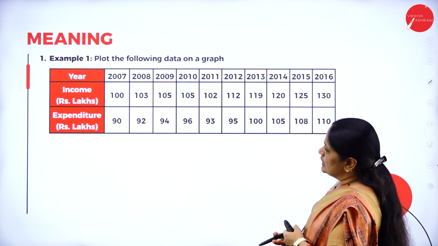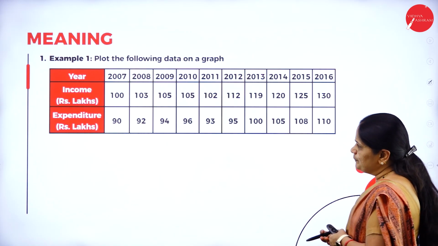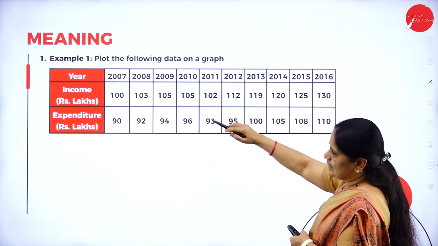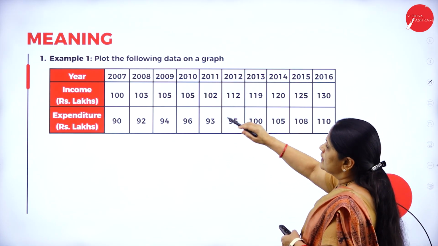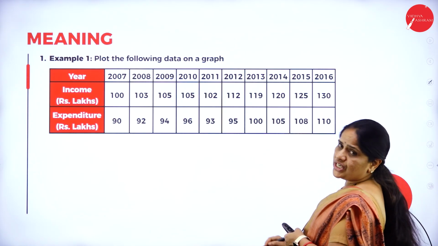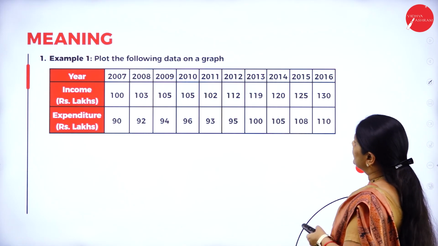Here is one example. From the year 2007 up to 2016, they have given the income and expenditure in lakhs. This is the illustration problem which we have to plot on the graph.